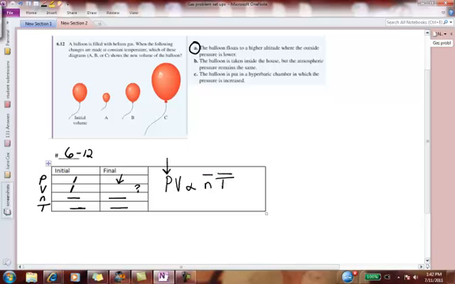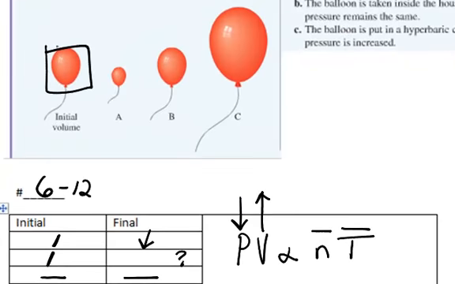I know that my pressure is going down, and what I expect with this is the inverse proportionality, the volume will go up. So if the volume goes up, and here is my initial volume, I would expect my final volume to be larger and look like this.